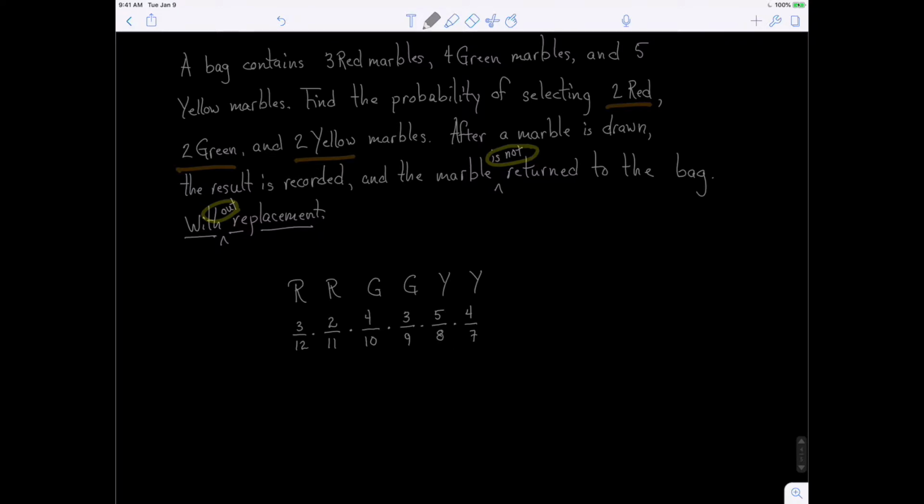But we're not done, because this is only one way we may be successful. We need to remember that RR, GG, YY is a word. If that's a word, then we need to say this is 6 factorial over 2 factorial for the R's, 2 factorial for the G's, and 2 factorial for the Y's.